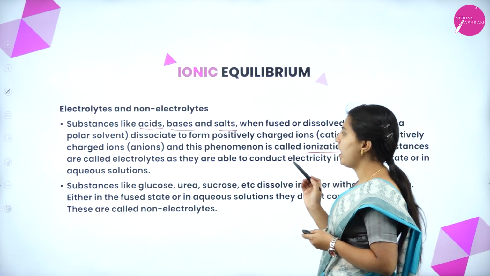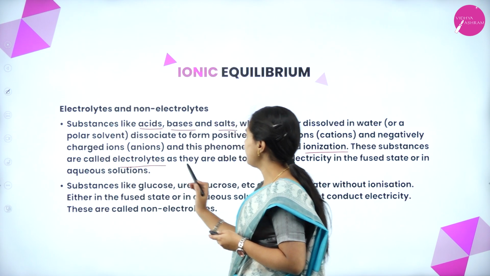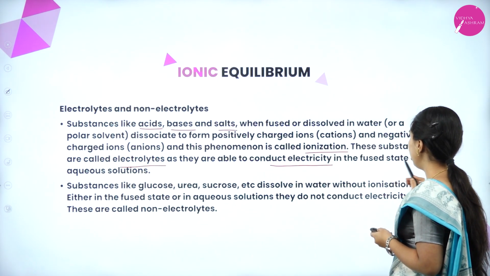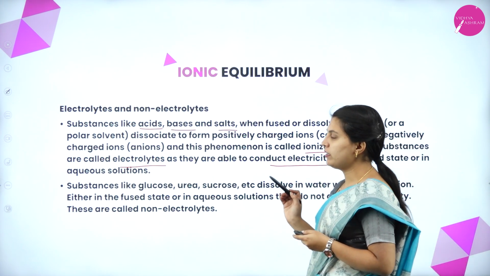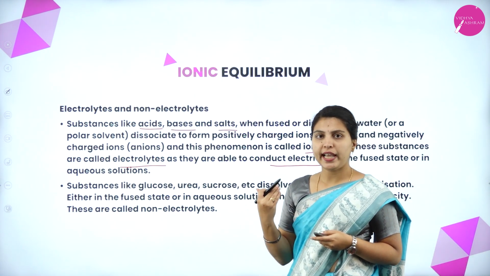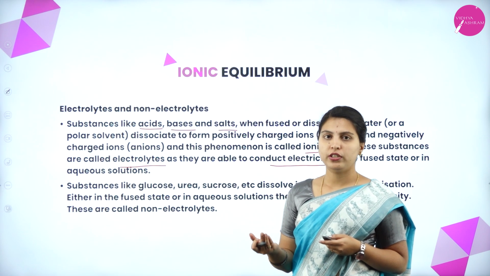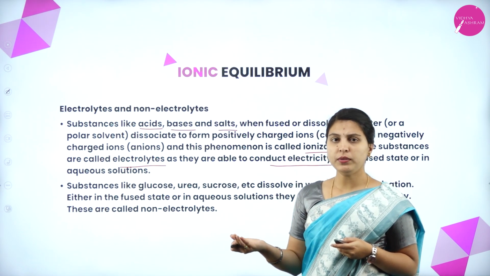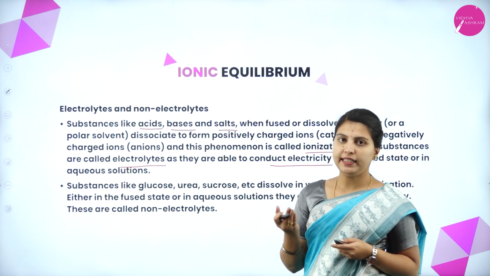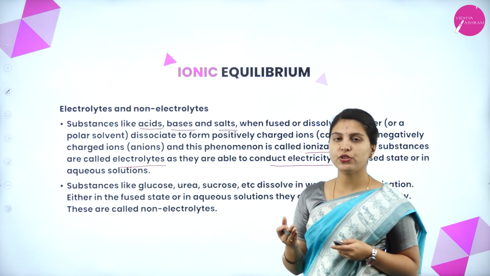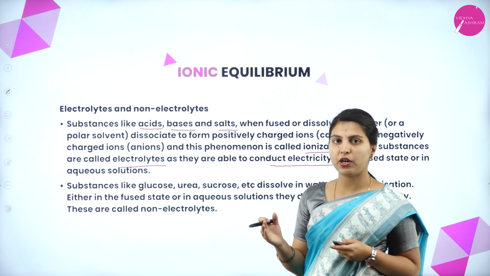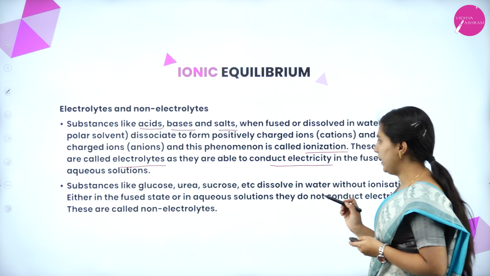These substances are called electrolytes as they are able to conduct electricity in the fused state or in aqueous solution. If you take any acid, base or salt and treat it with water, it will form positive ions and negative ions. Those ions conduct electricity, then it will be called an electrolyte.